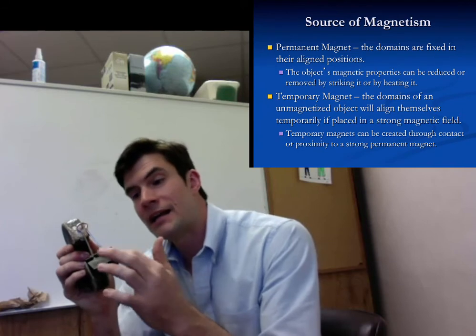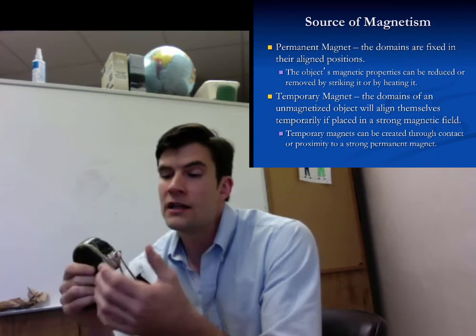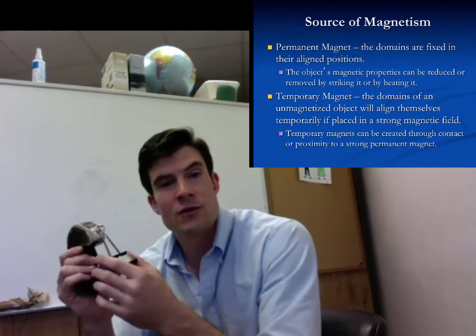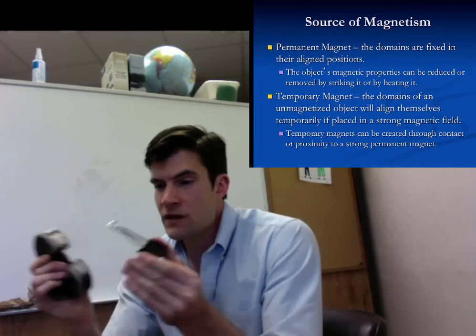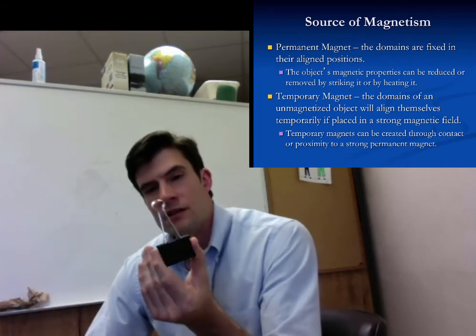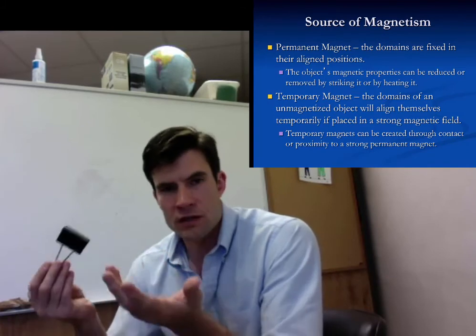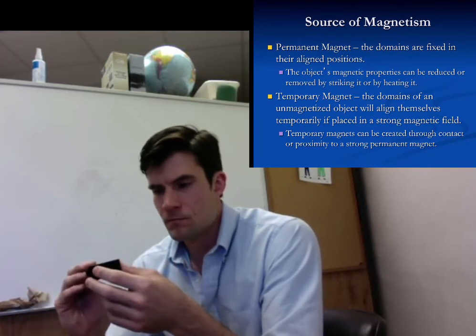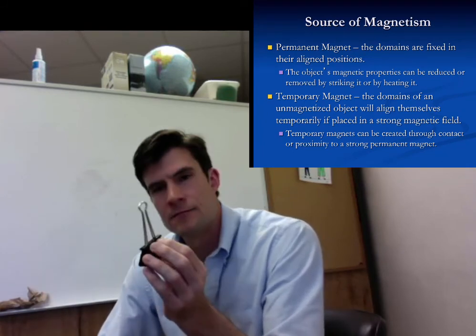That gives it magnetic properties and allows it to be attracted to the permanent magnet while it is close to or in contact with it. If I remove it, the magnetic domains go back to being jumbled up and it loses its magnetic properties. So it's only a temporary effect while it's close to the permanent magnet.